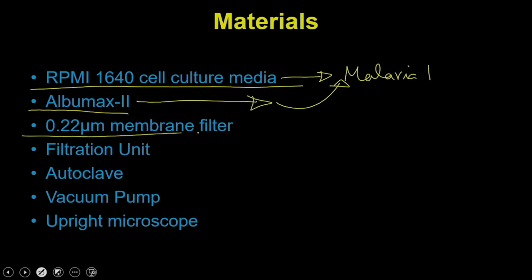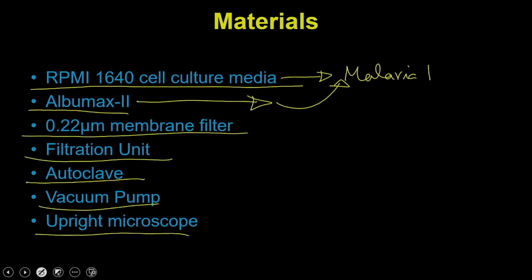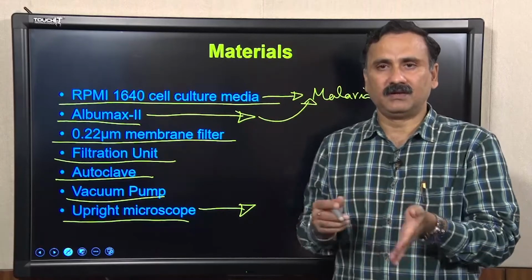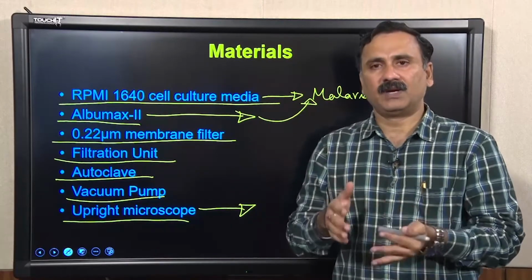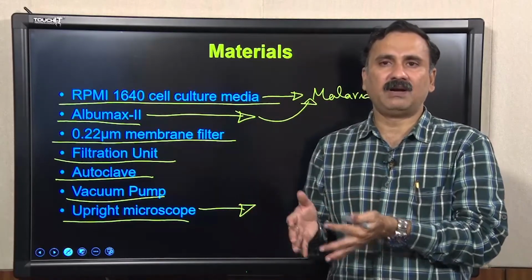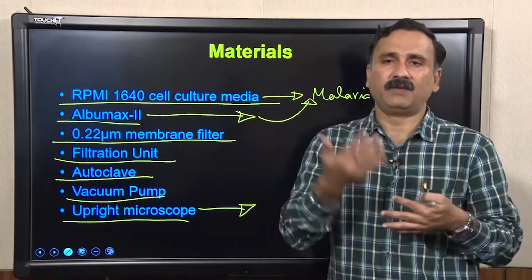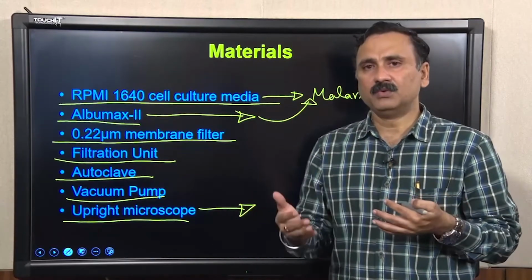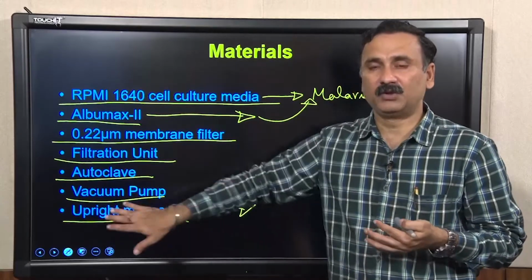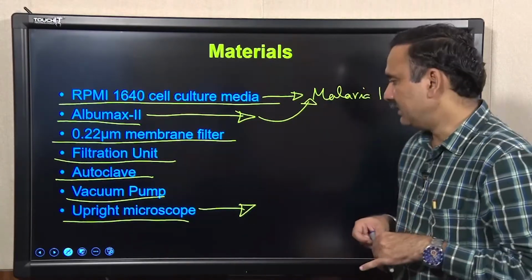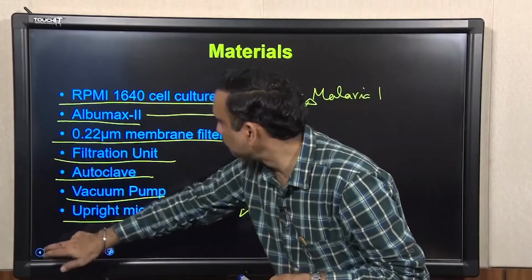You require 0.22 micron filters, filtration units to prepare the media, autoclaves, vacuum pumps, and then an upright microscope so that you can visualize the parasites at the different stages, like after 35 hours or 72 hours or after removal of the drug.